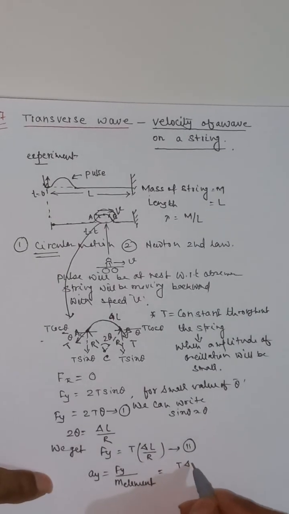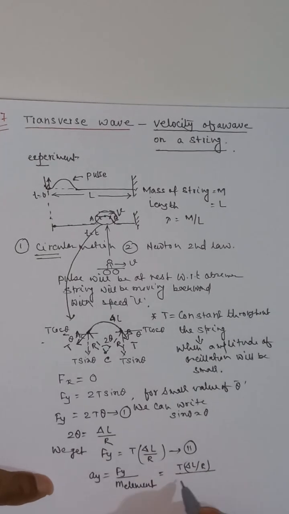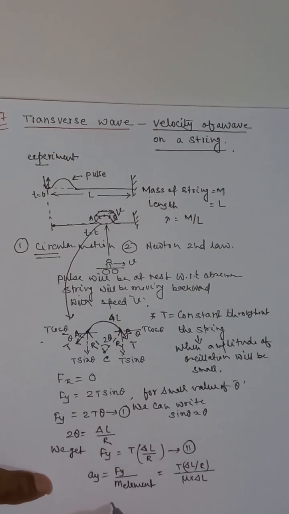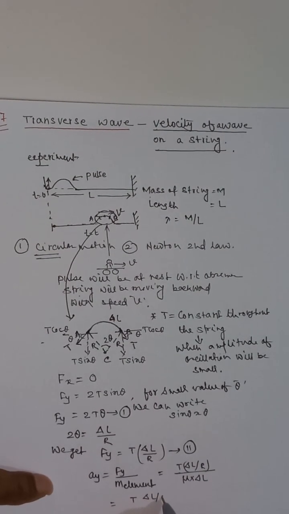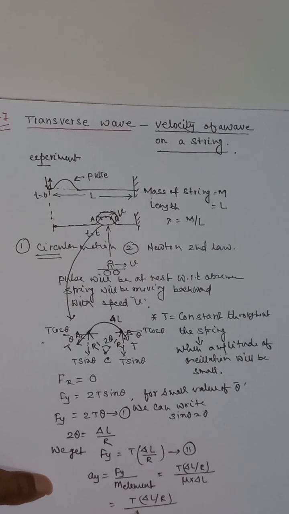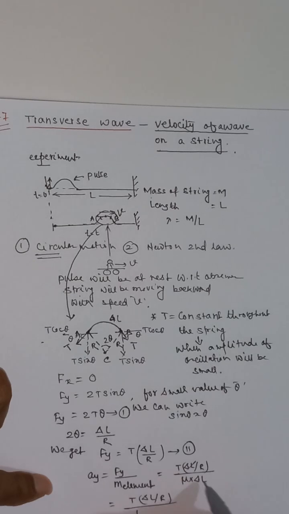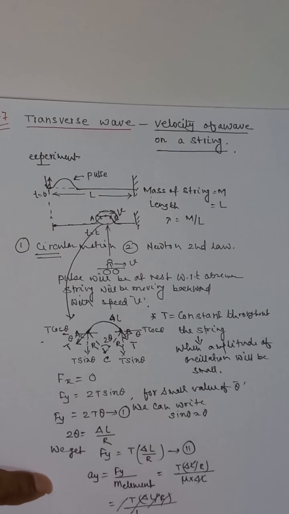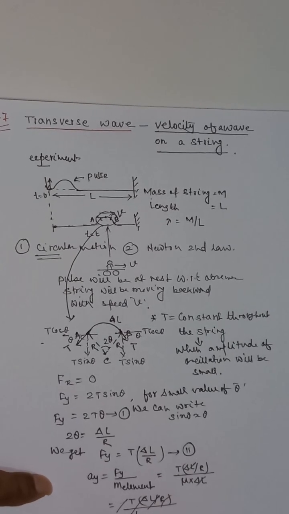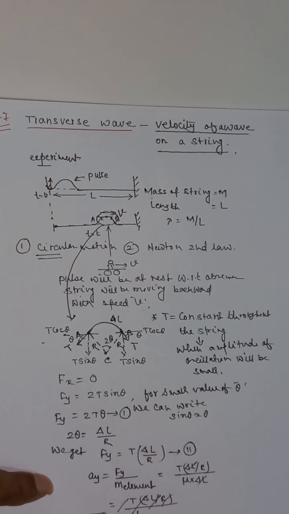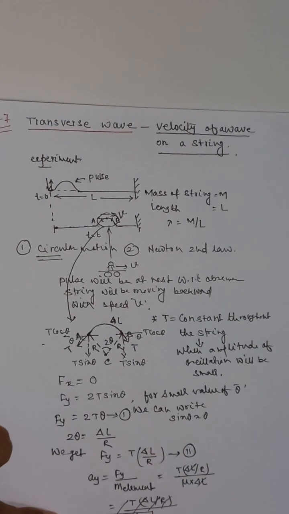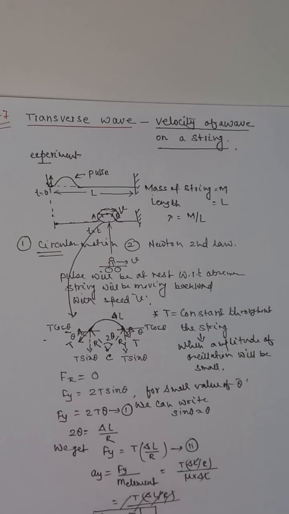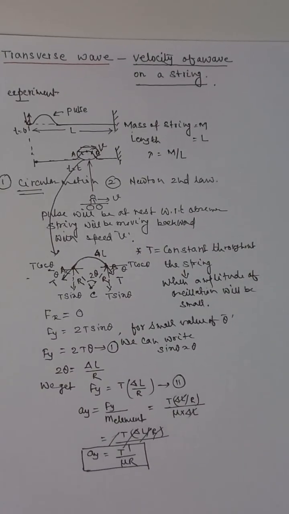Fy is T delta L by R, and the mass of the element will be mu times delta L. So substituting, delta L gets cancelled out, and we get the value of Ay as T by mu R. This is the acceleration of this element, T divided by mu R. So we calculated the acceleration of the element in the vertical direction.